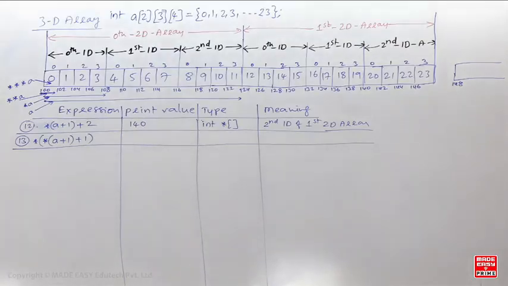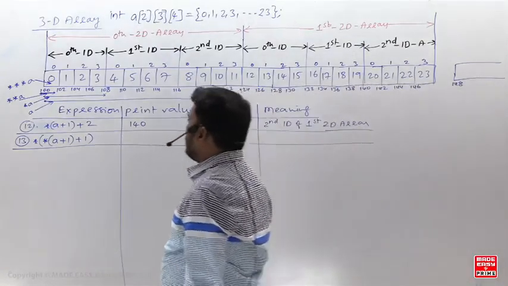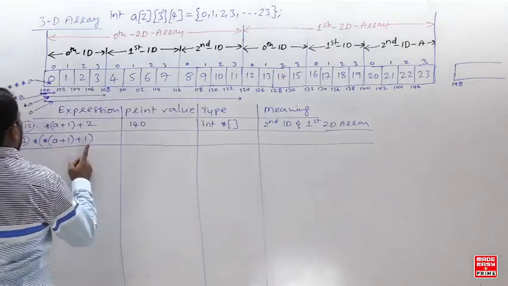Now tell me the next one: a plus 1 whole star plus 1 whole star.